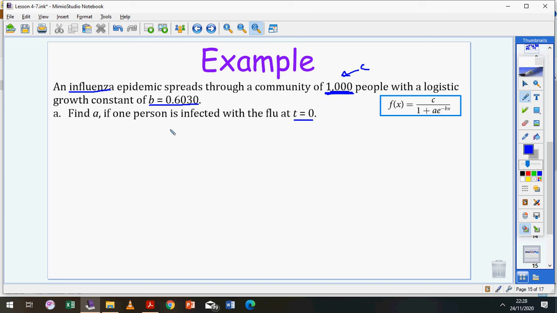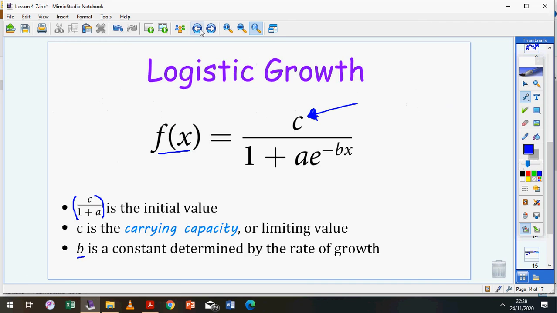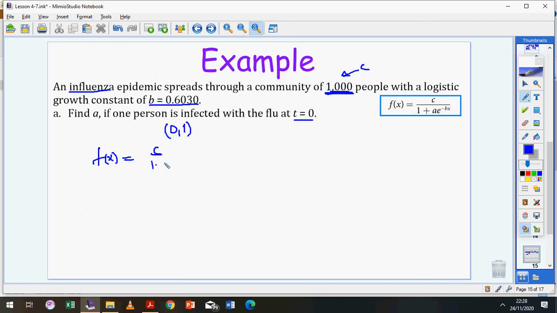So the initial value, we can use this to find the value of A, because we know the initial value of the function is equal to C out of 1 plus A, and this initial value happens when t is 0. So since that's when t is 0, I have 1 is equal to C, which is 1,000, divided by 1 plus A, cross multiply, and I have 1 plus A is equal to 1,000. So A is equal to 1,000 minus 1, which is 999, not to be confused with 666.